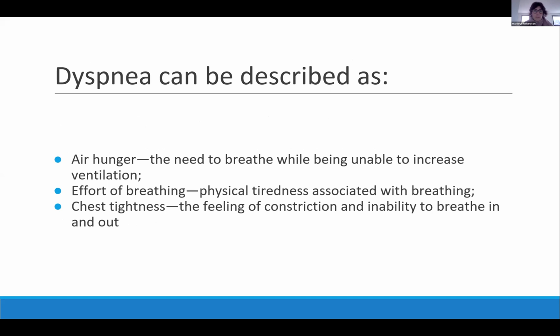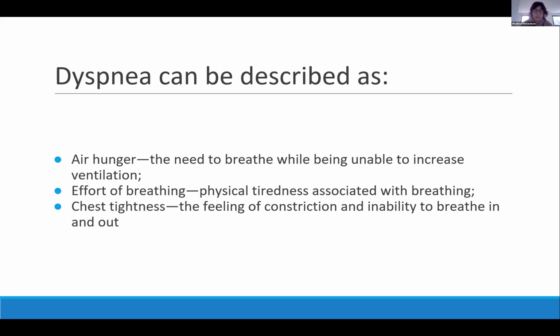Breathlessness may be described in different ways by patients, and you can see here some ways. Air hunger, so this gasping or need to breathe, can't get enough breath in. That's how some patients may describe it. Others may describe the effort of breathing, so they're using all of their accessory muscles for breathing, and they can feel tired or a big effort associated with breathing.